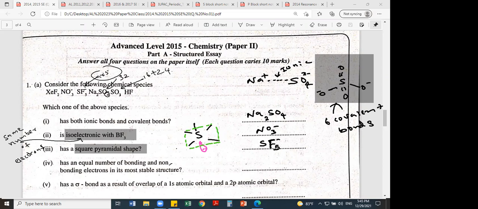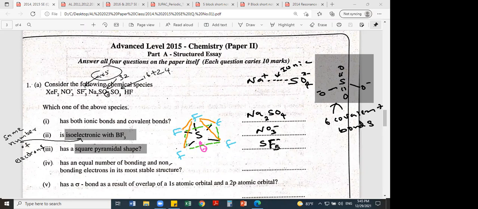Then you can draw all 5 fluorine like this, then you get the square pyramidal shape.